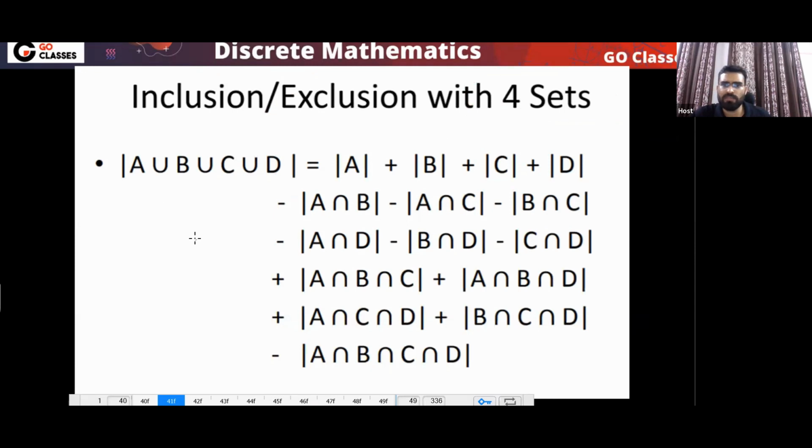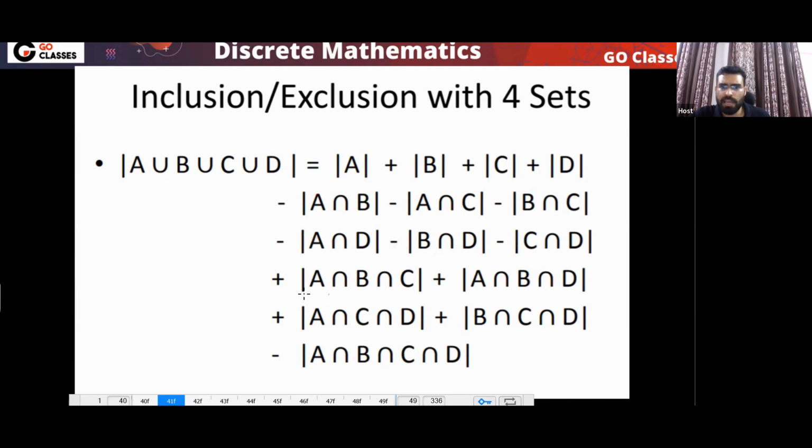Inclusion exclusion principle with 4 sets: A union B union C union D. Single plus, double minus. Single means A plus B plus C plus D. Then double minus means A intersection B, A intersection C, A intersection D, B intersection C, B intersection D, and C intersection D. These are the doubles.